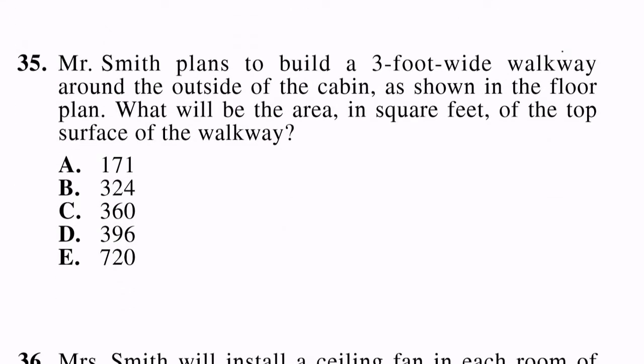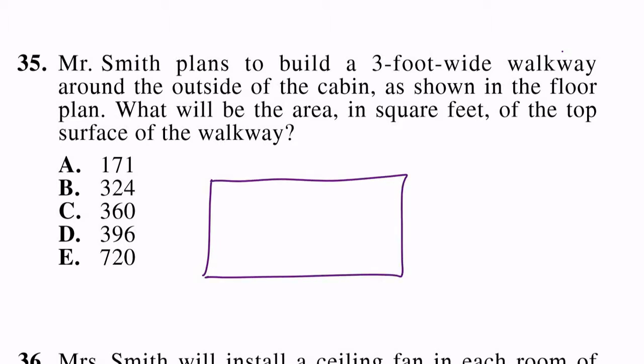So number 35. Mr. Smith plans to build a 3-foot wide walkway around the outside of the cabin, as shown in the floor plan. What will be the area in square feet of the top surface of the walkway? So we know that we have a rectangular cabin and a 3-foot wide walkway around it.